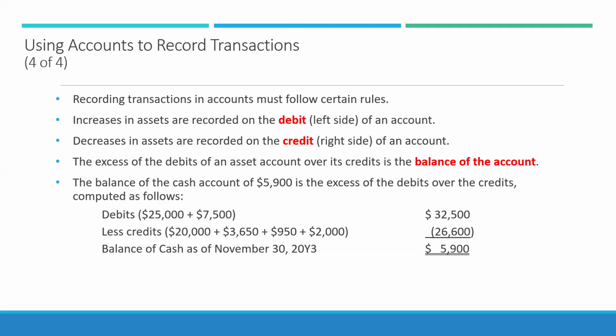Liabilities and stockholders' equity are over here on the right side, right? So to increase liabilities and owner's equity, we're going to credit it to increase it. Got it? A debit only means left.